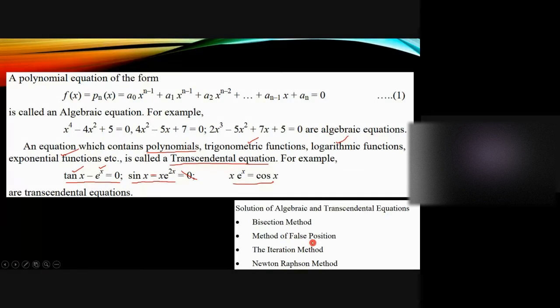I think you have already studied this one, but now it is listed in the syllabus under a different name: the regula falsi method, method of false position, the iteration method, and the Newton-Raphson method. These methods help us to solve the transcendental equations. We'll study in detail the different methods that are listed in the syllabus.